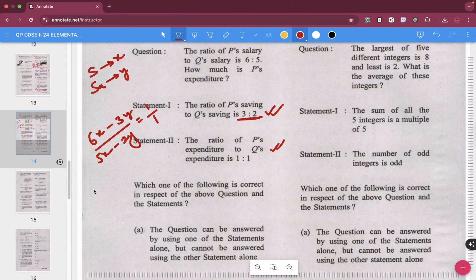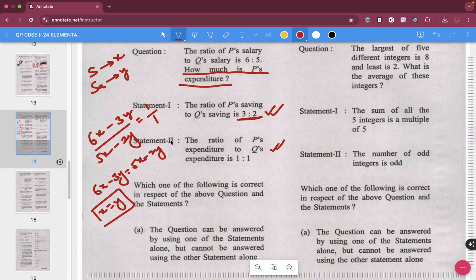So 6x minus 3y is equal to 5x minus 2y is what you have. If you solve for it, you get x is equal to y. What can we find out about that? Now they are asking how much is P's expenditure.